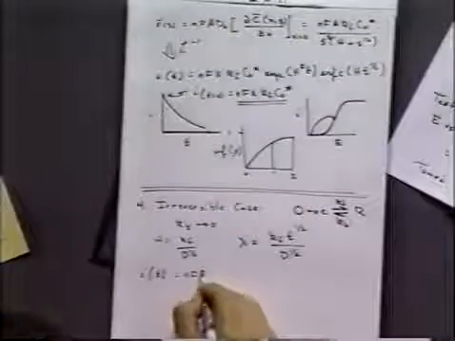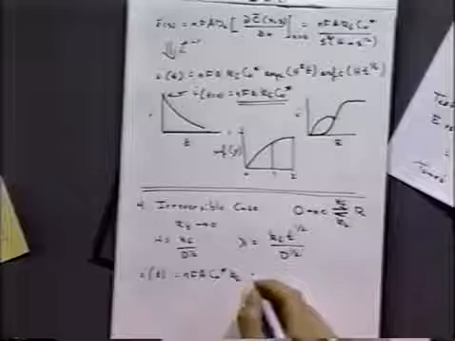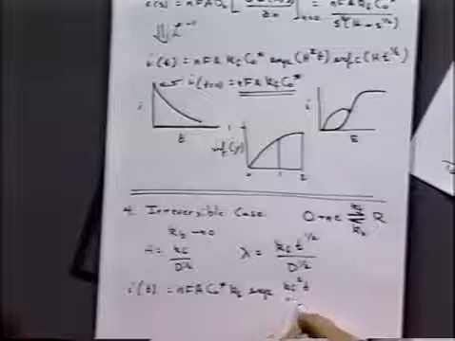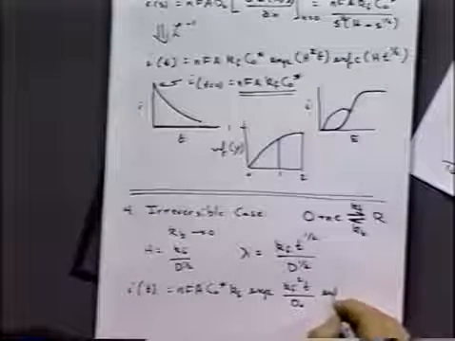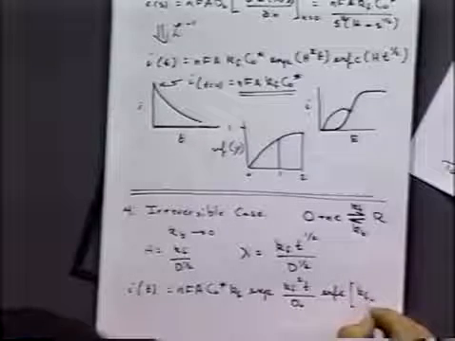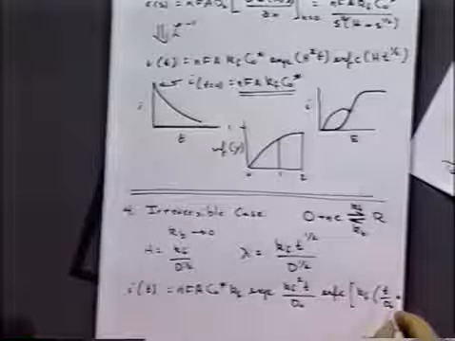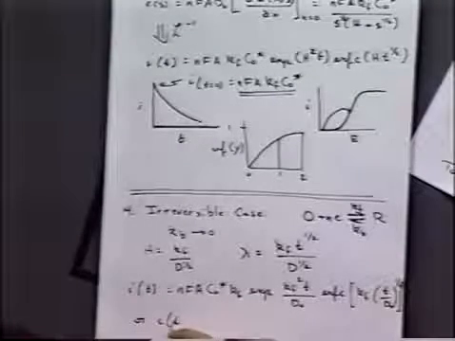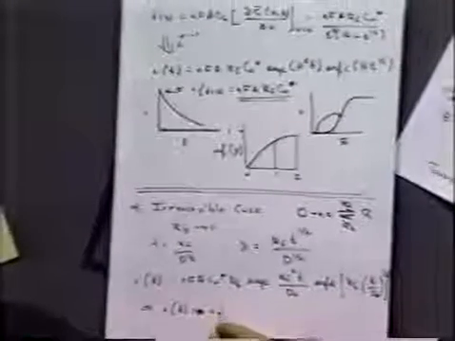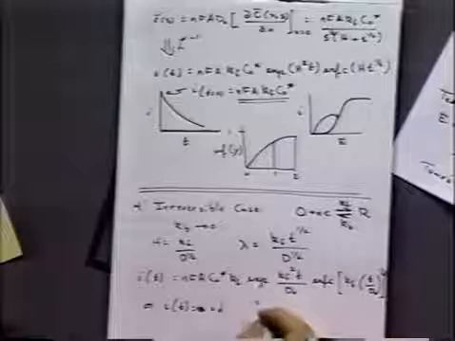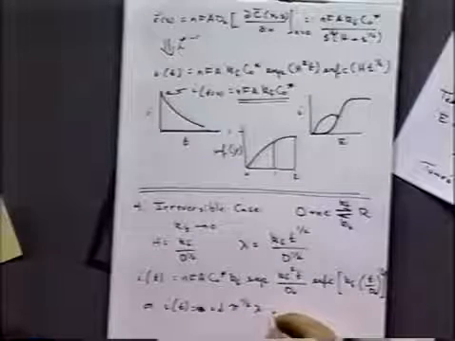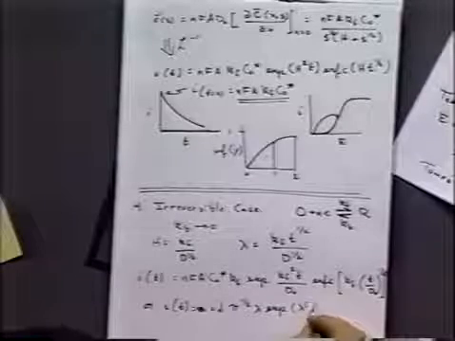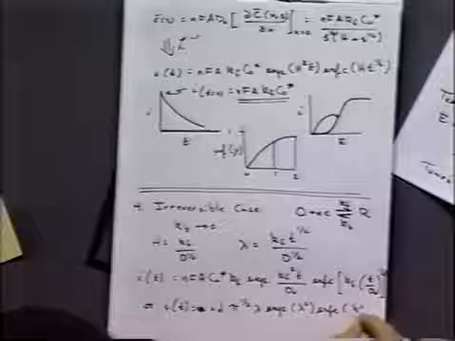In this case, the current as a function of time is equal to NFA C0 star Kf, stuff we've already derived, but now since H is simple, we substitute in, using our dimensionless parameter and the diffusion limited result, and we get that.